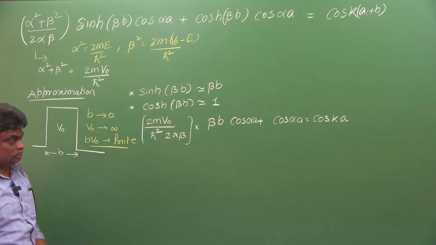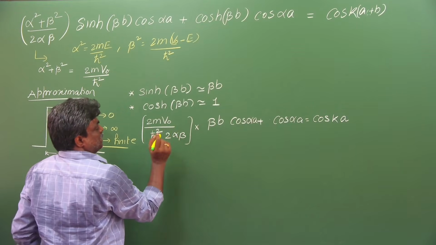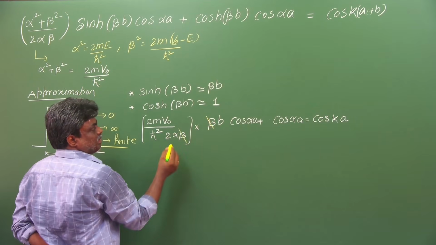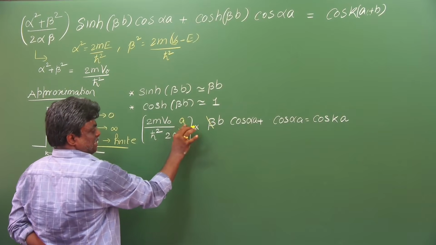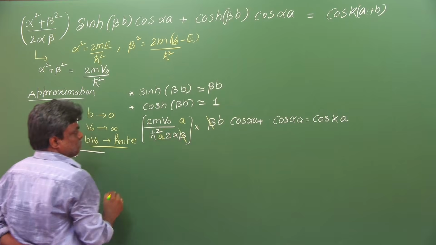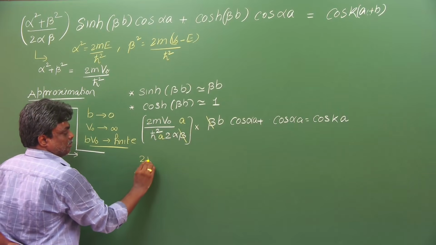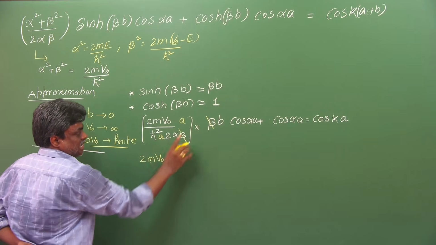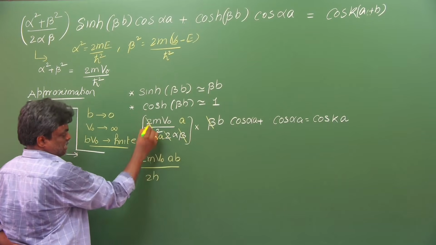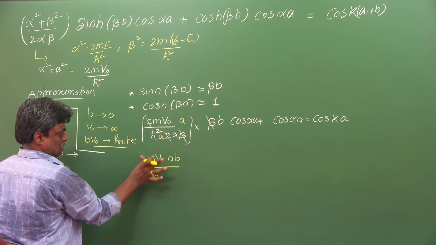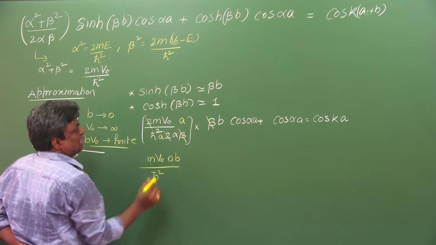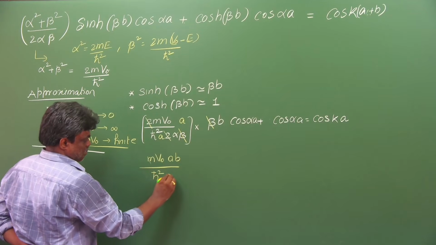As b tends to 0, with your permission, beta gets cancelled. I multiply this term with a here, and here also I will get a. Finally, 2mV naught, what is this? ab by 2 h cross square, 2 gets cancelled if you want, h cross square, alpha a.